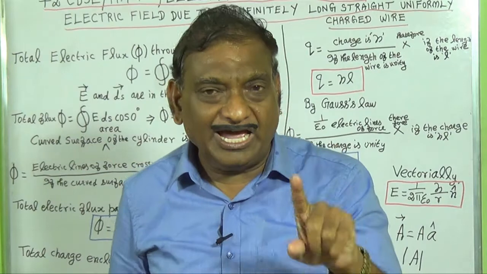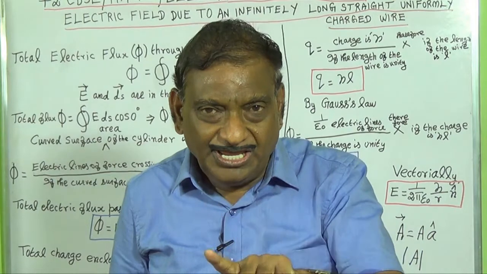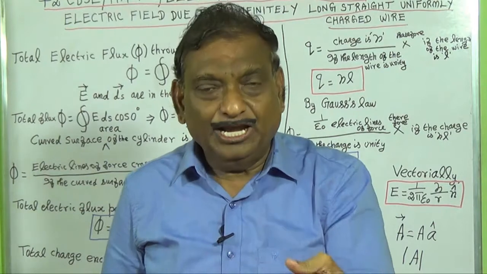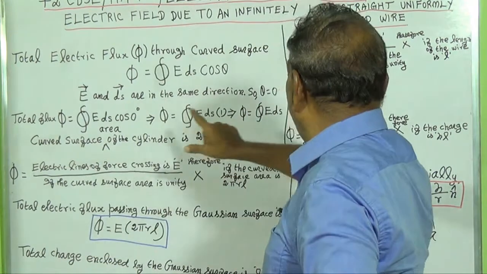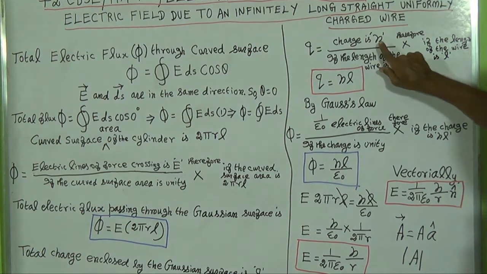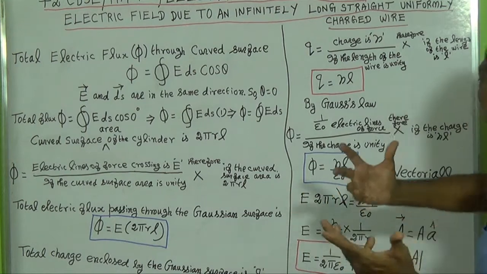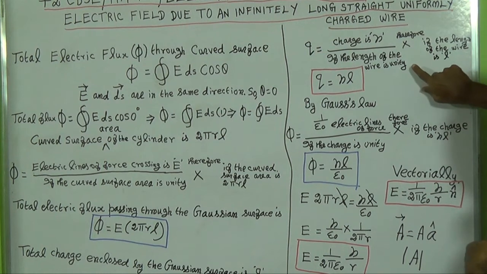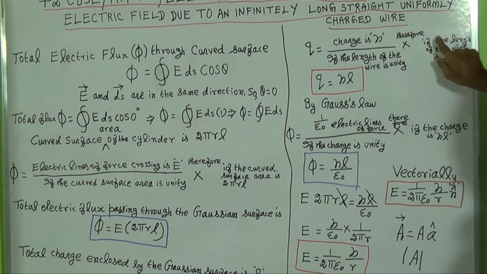So if we multiply the charge per unit length, that is lambda, by the length of the wire, that is L, we will get the total charge Q equal to lambda L. If the length of the wire is unity, the charge is lambda. But here the length of the wire is not unity. The length of the wire is taken as small l. So we get Q as lambda into L.